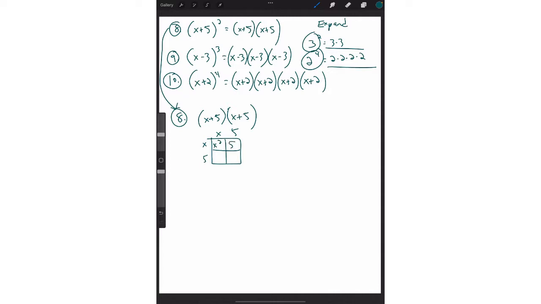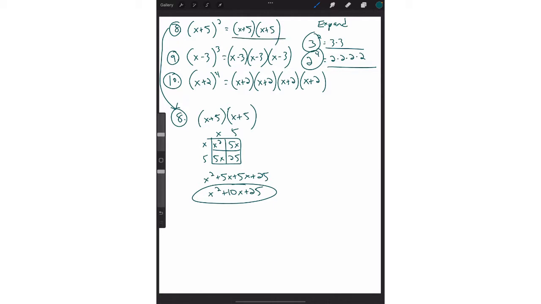X times 5 is 5x. 5 times x is 5x. And 5 times 5 is 25. If I add up everything that's inside this box, I get x squared plus 10x plus 25. Okay, so I could write this as x squared plus 10x plus 25 and say that I've expanded this out.